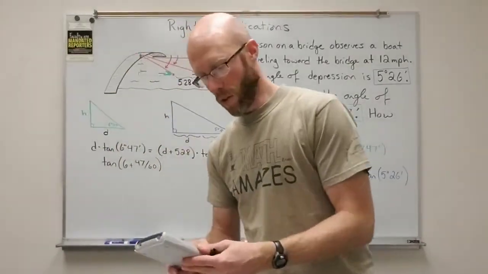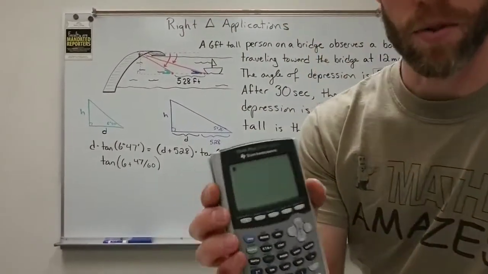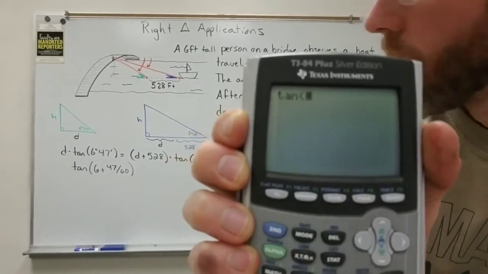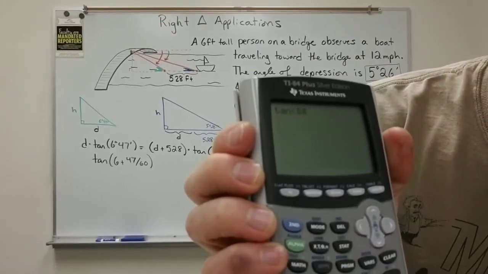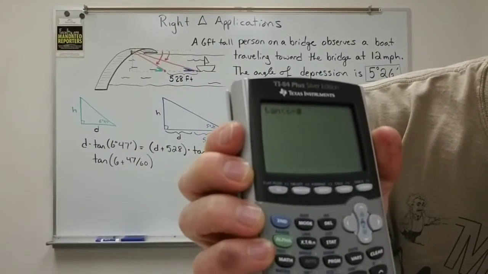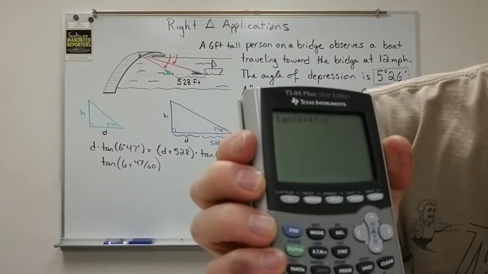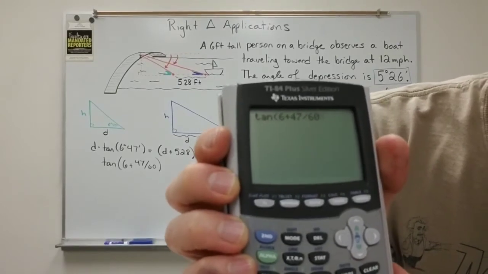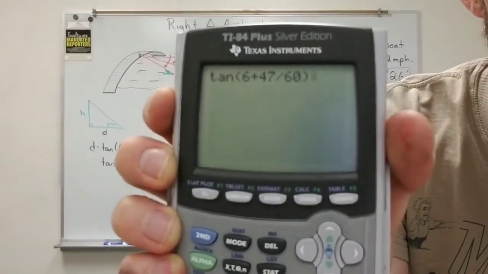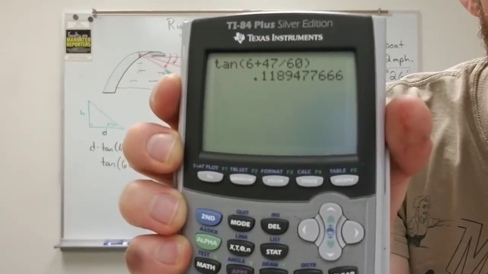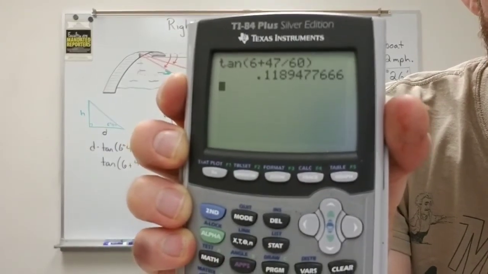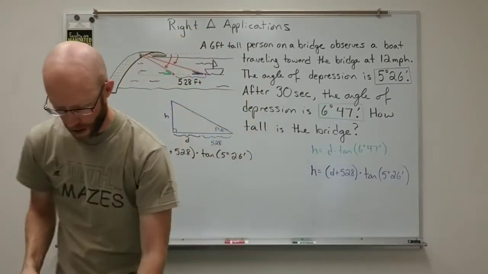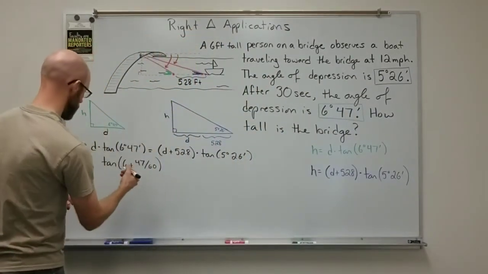So I would go to the calculator here, and I would simply type in the tangent of 6 plus 47 over 60. Okay, and then close the parenthesis. That's what I'd be looking at. Hit enter, and it's about 0.11895 if I round that to 5 decimal places.